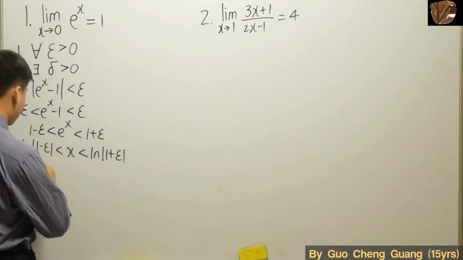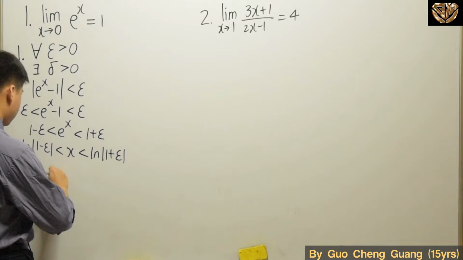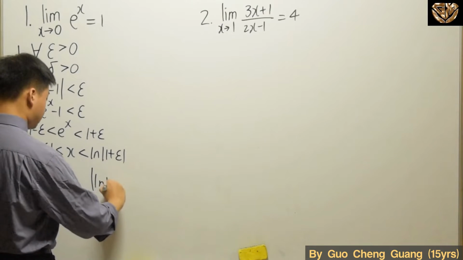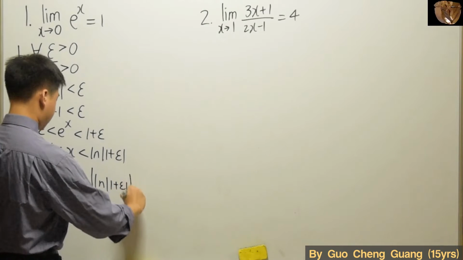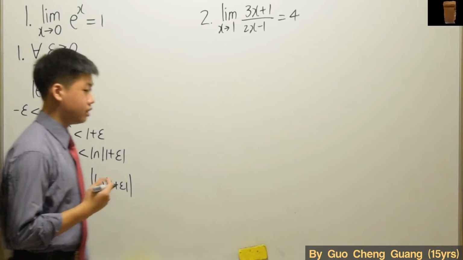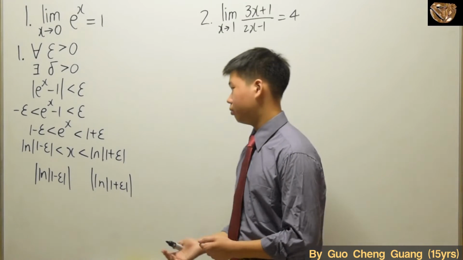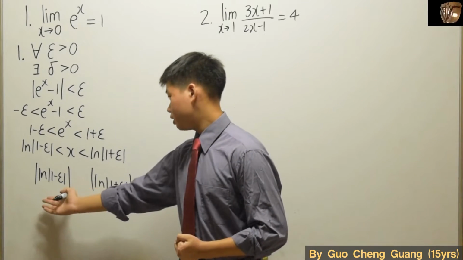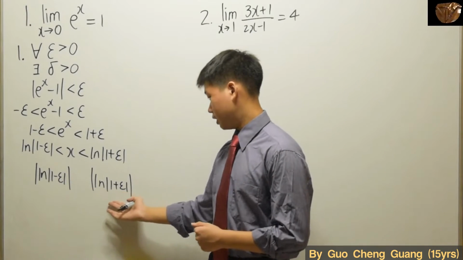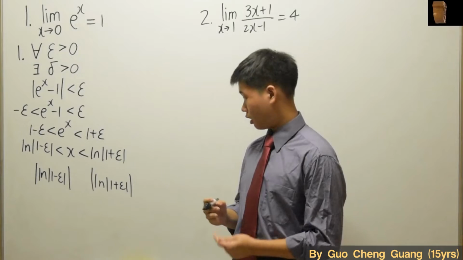Now, here is where we are going to determine which one we are going to take. If you have realized, we do have another layer of modulus around both of these, since it is possible that the value that comes out would be negative, while this value is positive, alright?